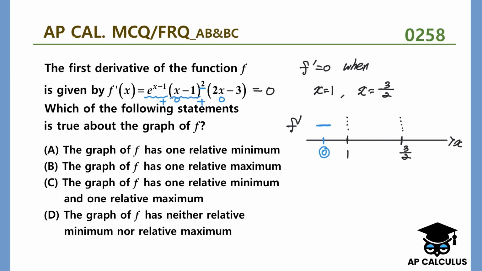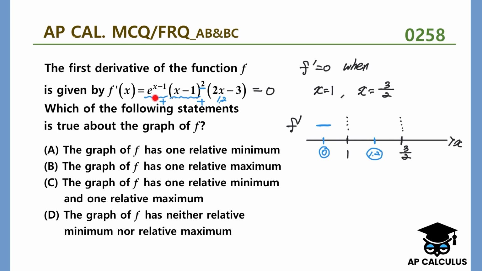Now any value between 1 and 3 over 2, 3 over 2 is 1.5, right? So I'm going to substitute about 1.2 for x. That's 2.4 minus 3, that's minus, right?